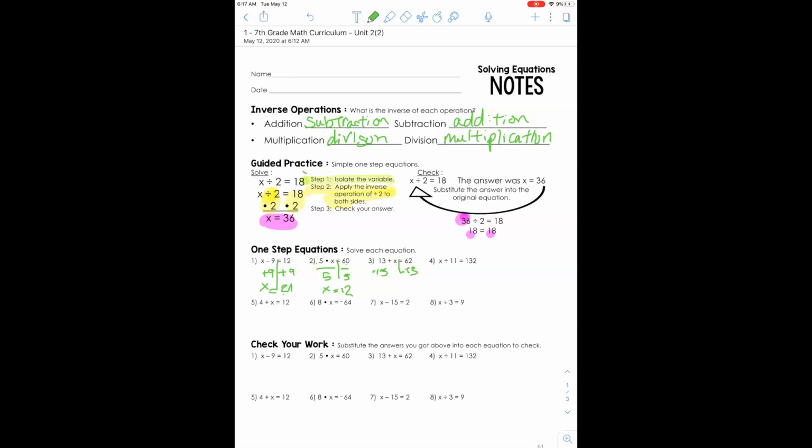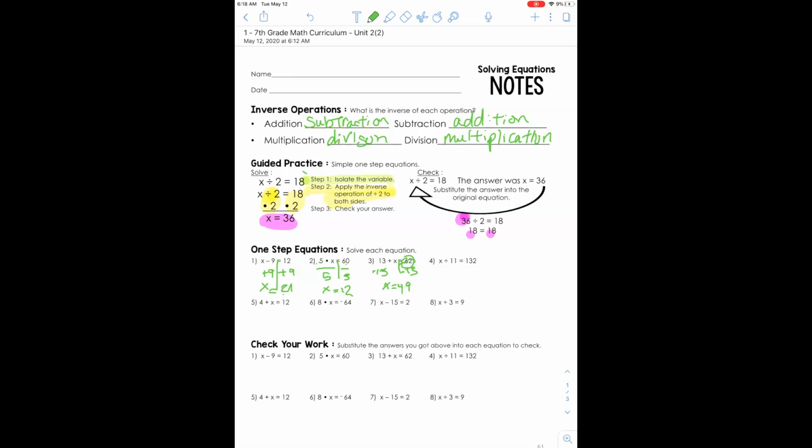Because if we only subtracted 13 from this side, we would be unbalanced over here. So we always have to balance out our equation. So we take x equals 62 minus 13. We have to regroup. x is 49.